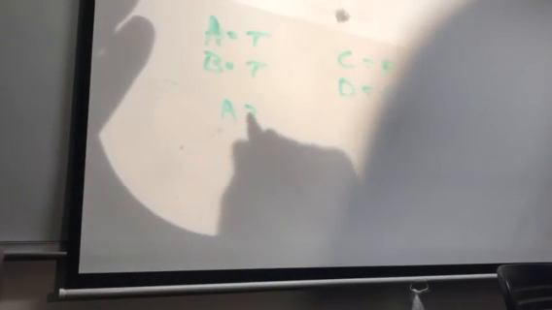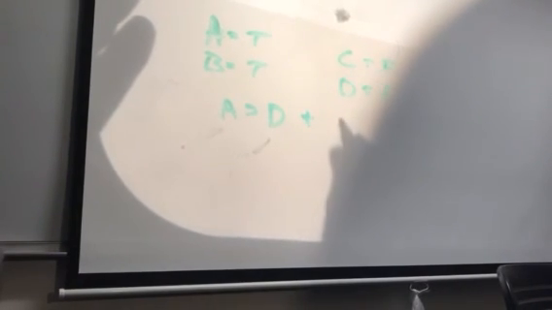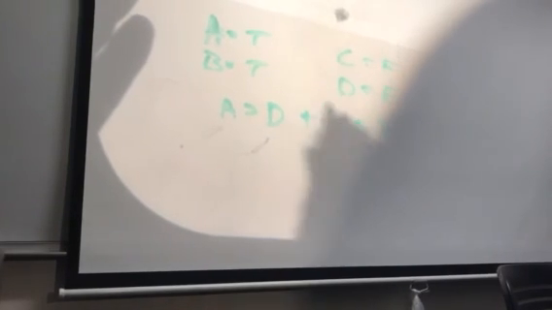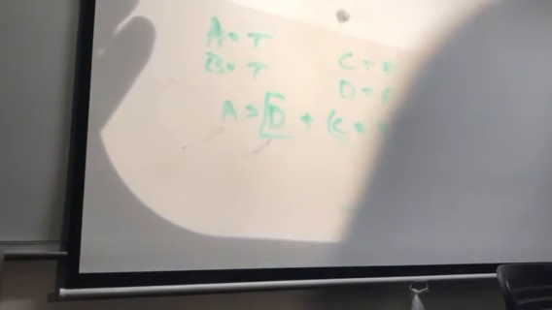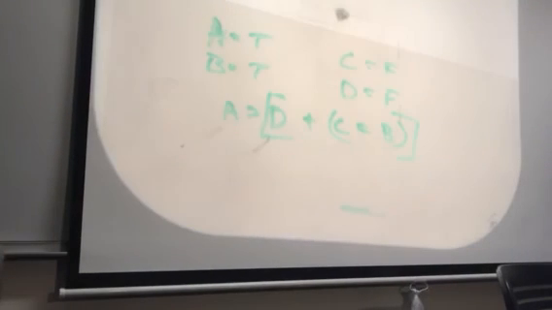And then suppose you have a statement like A horseshoe D plus C triple bar B, let's make it a little more complicated, with brackets, okay? Something like that. Can you guys read that? It's A horseshoe brackets D plus parentheses C triple bar B close parentheses close brackets.